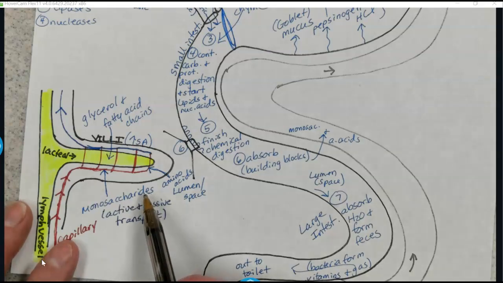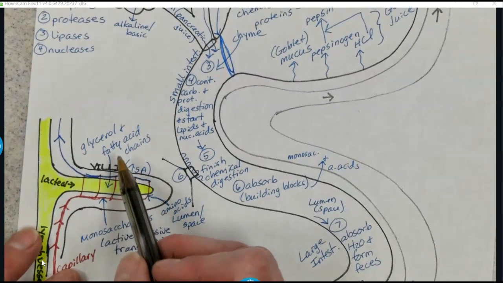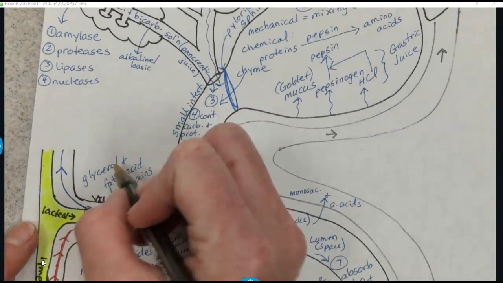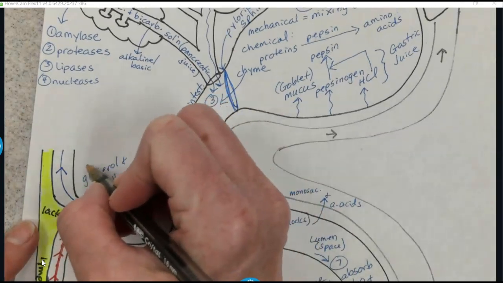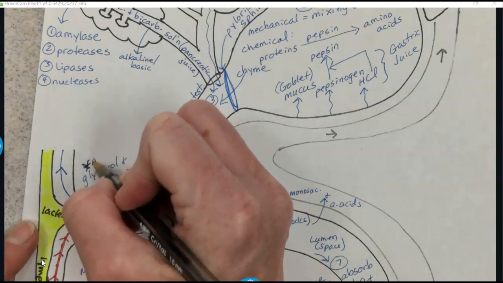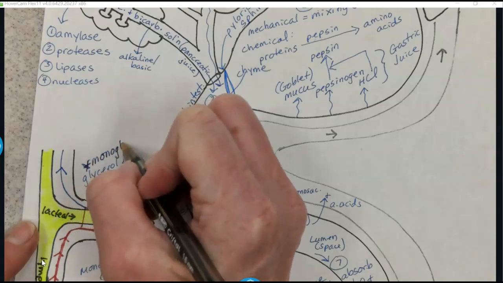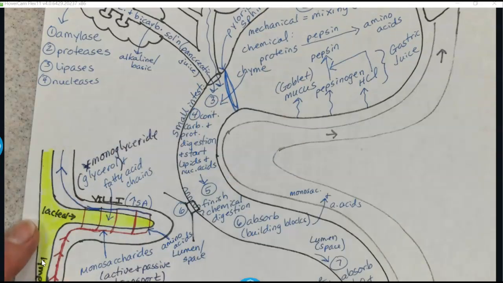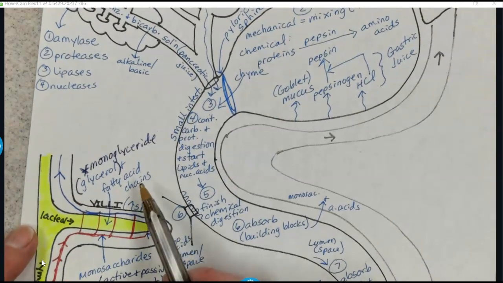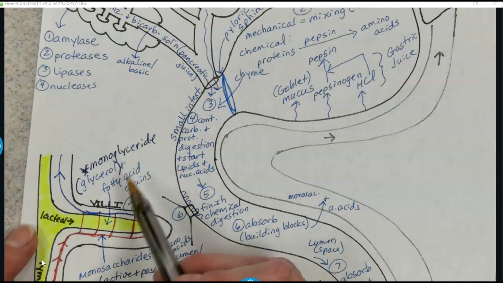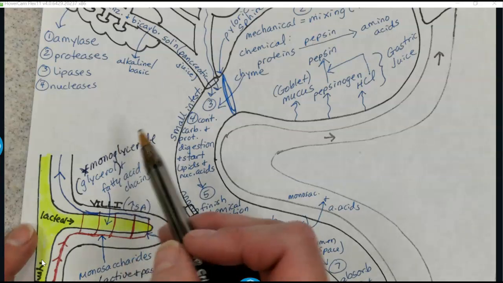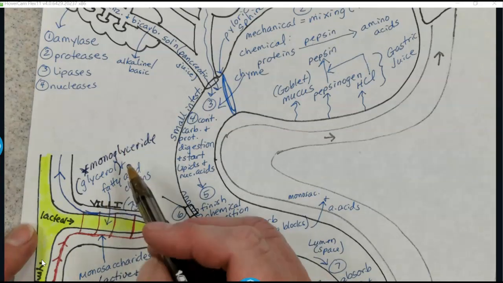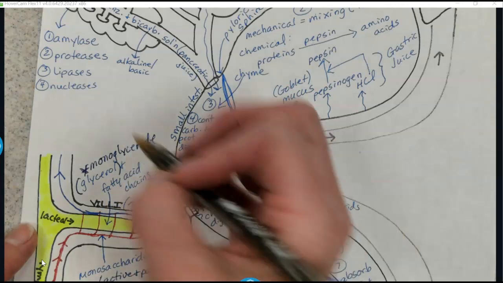involved here. Whereas when you look at your monoglyceride and fatty acid chain, so I have this as glycerol, IB is going to note this as a monoglyceride and fatty acid chains, because in reality 2 fatty acid chains come off, we have a glycerol with 1 fatty acid chain still on it. When this is absorbed, it is going to go through simple diffusion.